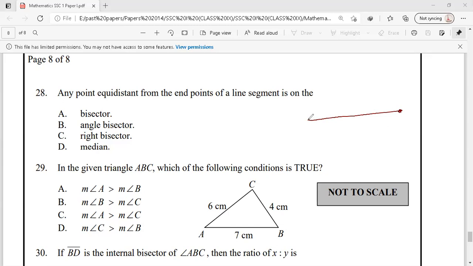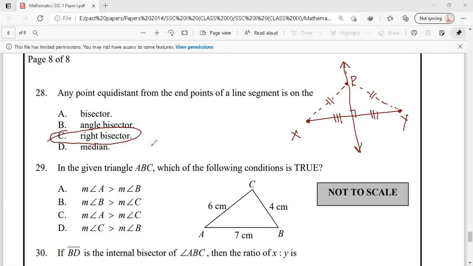Let's say this is our line segment XY, and we have an arbitrary point P. The question states that if this point is equidistant from the endpoints of a line segment, then this point will obviously lie on the right bisector of this line segment XY. So the correct answer is option C.